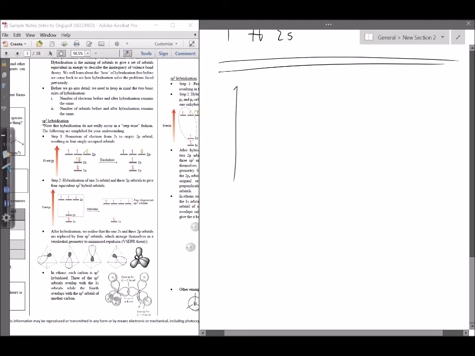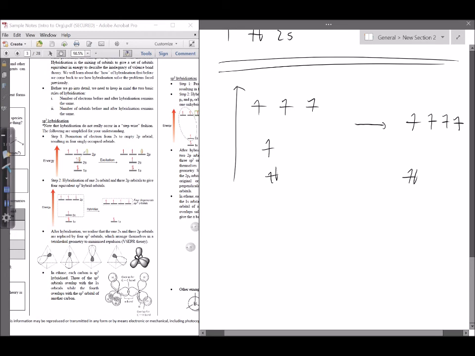Now let's go back to the two rules of hybridization. The number of electrons before and after hybridization remains the same. If you were to count the number of electrons before and after hybridization, let me draw it out first, 1, 2, 3, 4.